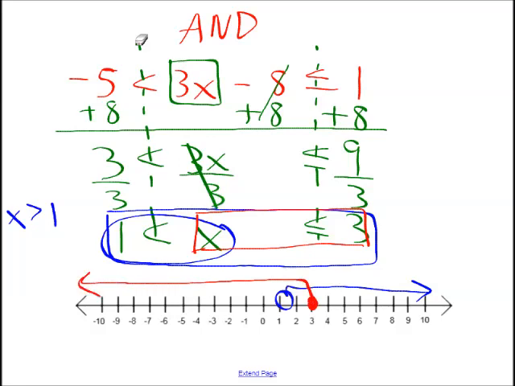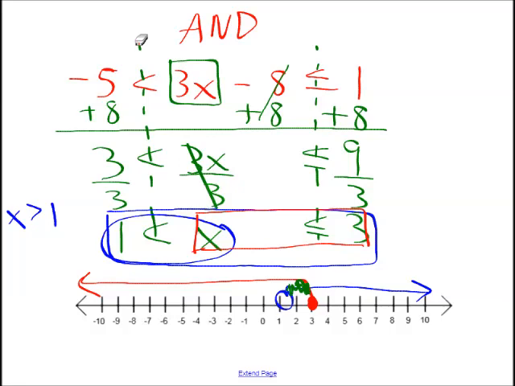Look at that right now and ask yourself, where do those two inequalities have the same answers? Because for an and statement, our answer is only where they have the same solution set. These two graphs intersect between numbers greater than 1 and numbers less than or equal to 3. So this is actually our answer.